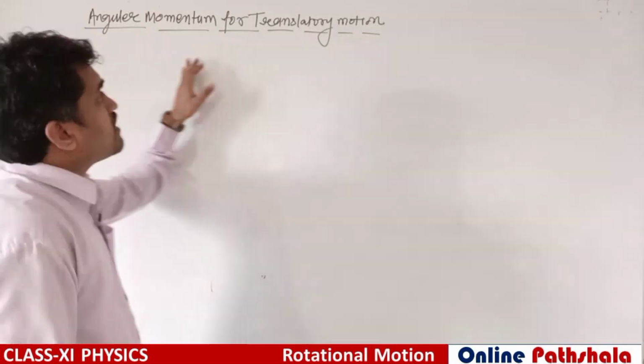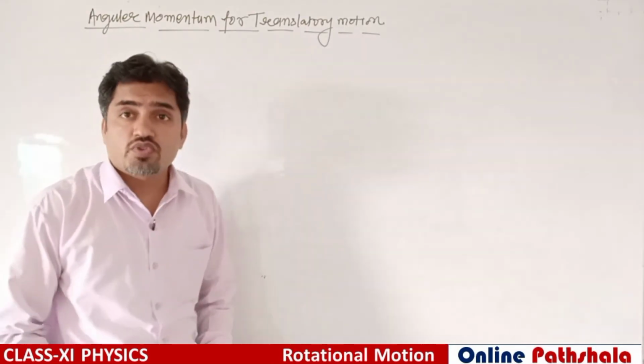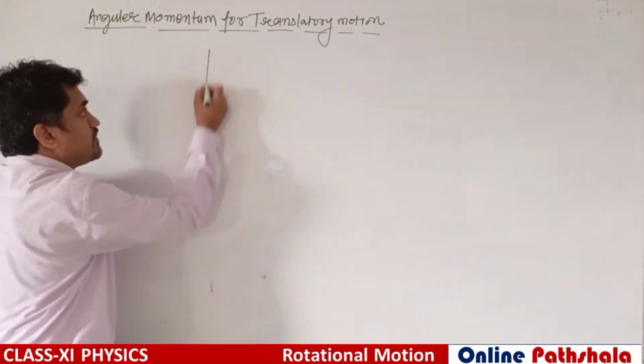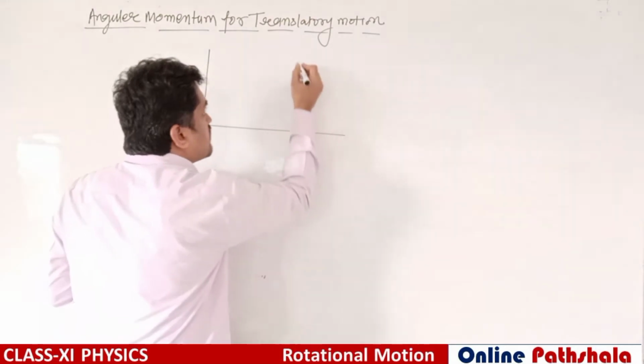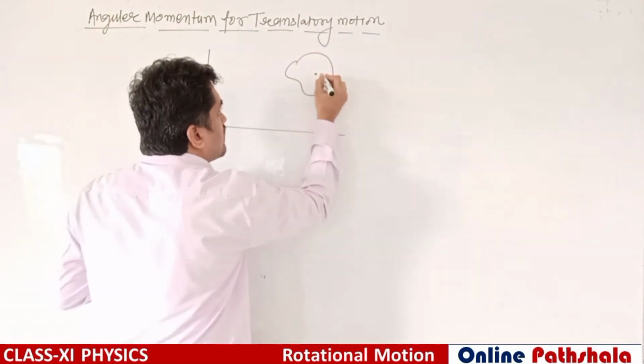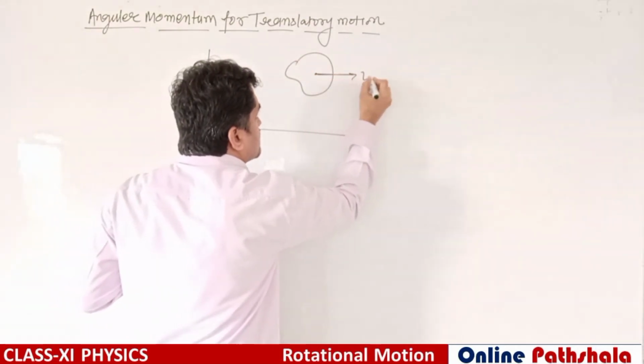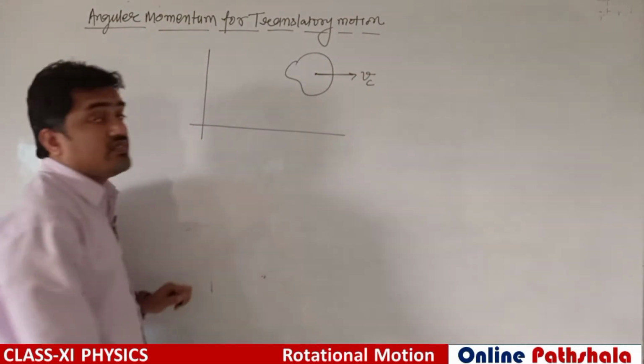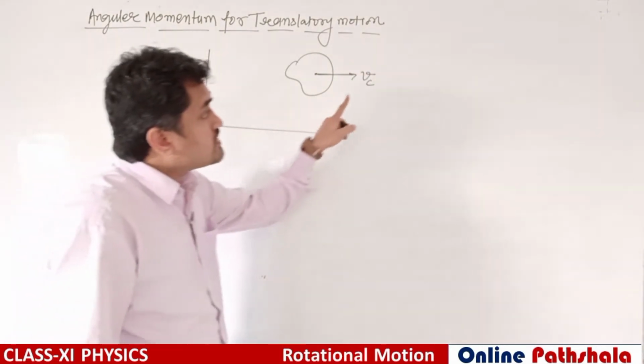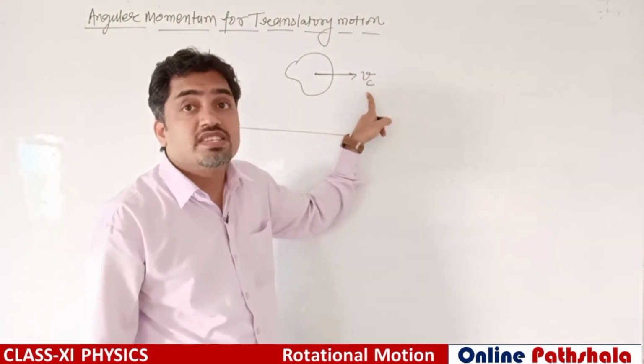For the angular momentum for the translatory motion, let us consider a rigid body moving translatory with velocity v, means the velocity of center of mass is Vc.